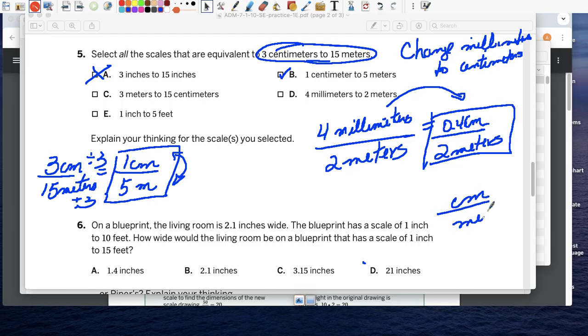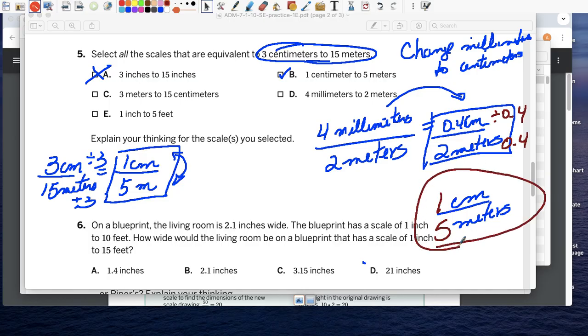How do I get the 0.4 to look like a 1? I divide by 0.4, which means I divide the bottom by 0.4. 0.4 divided by 0.4 is 1. 2 meters divided by 0.4, guess what that is? That's 5. So letter D is the equivalent ratio as the original. So B, D, and the original are all the same, just written in different language.